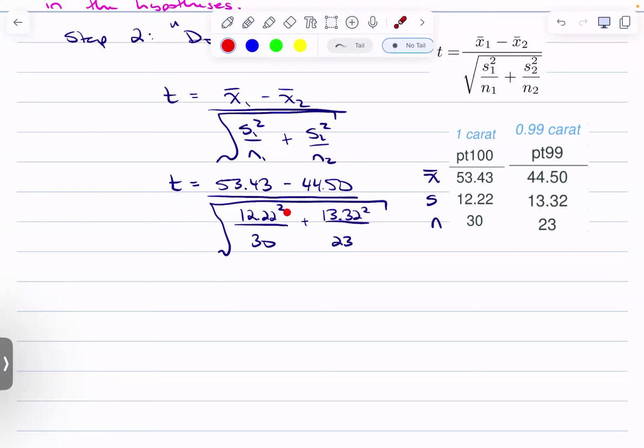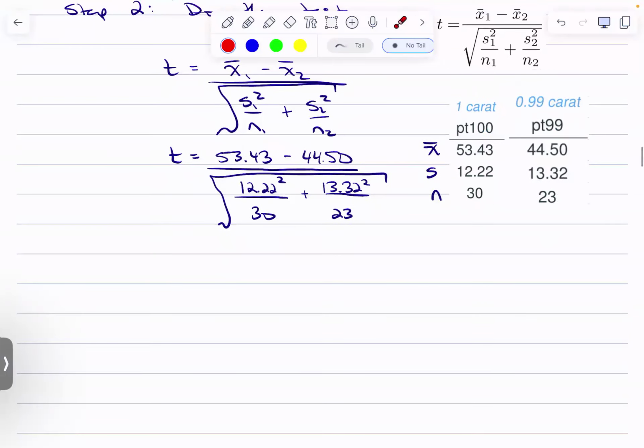Did you remember to do the squares? Also, if you forget to take the square root, it would change your T quite a bit. So what are my numbers? 53.43 minus 44.5. Let's do that one first.